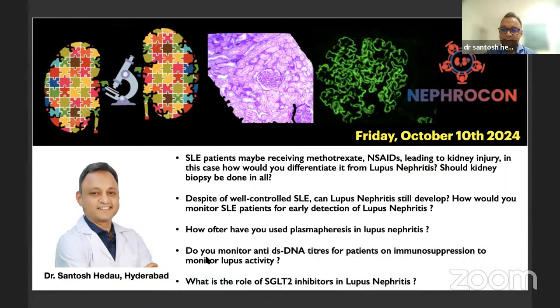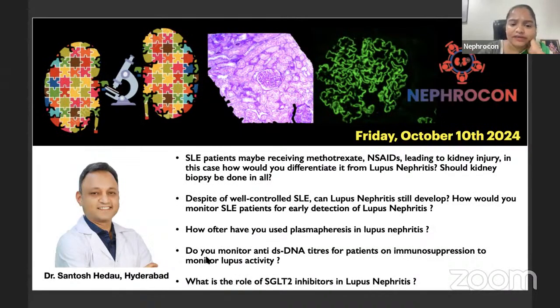I think that's the thing for early detection: regularly do urine routine and urine spot protein. Usually, people say the complement levels and dsDNA are also strong predictors of development of lupus nephritis, but we can't do them regularly. Whenever we suspect, we can do them to support our diagnosis.